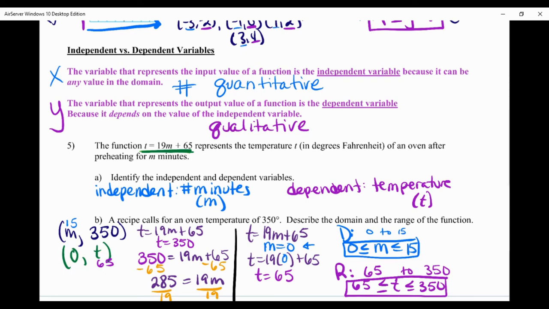The value of that output depends on the input, and it's some type of qualitative variable. So if we have that oven, we have a certain amount of minutes, and the longer we heat the oven, the higher the temperature of the oven is going to be. Number of minutes is your independent variable, the temperature is your dependent variable.